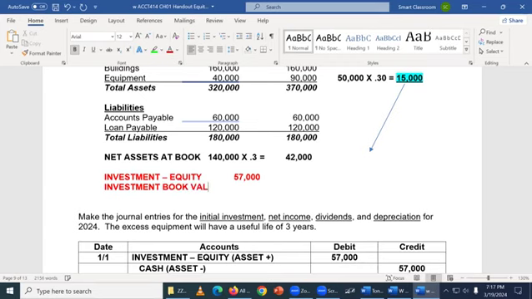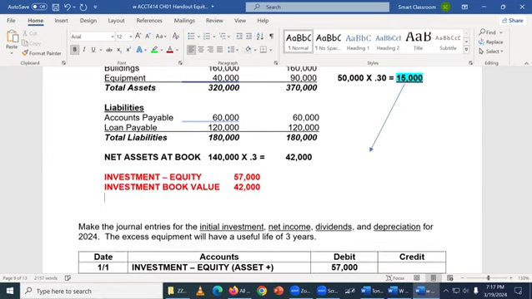It's a different way of putting it. I maybe should have. So our excess assets would have been 15,000.